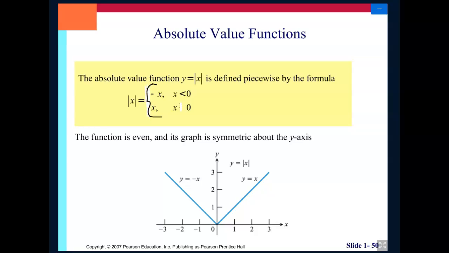So we have the negative part of x and the positive part of x. It's important to note that neither side of the absolute value includes 0. At 0, it is just 0.